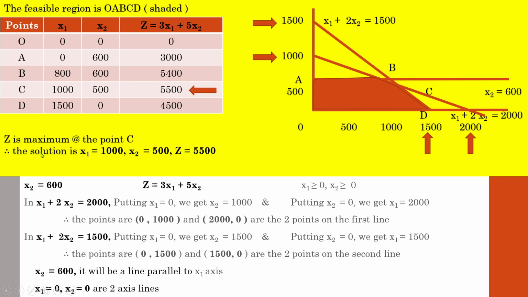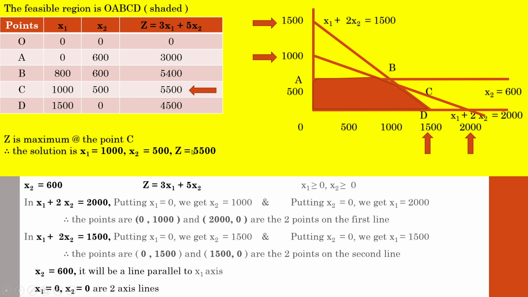Therefore the solution is you need to manufacture 1000 units of x1 doll and 500 units of x2. See, these are the values you have obtained by substituting in order to get 5500.